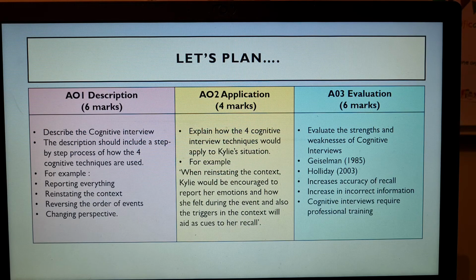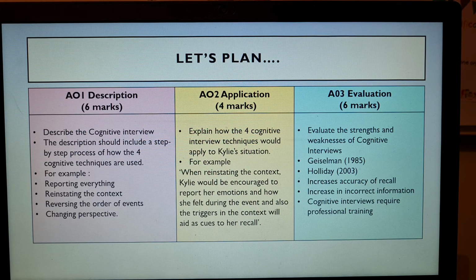And also the triggers in the context, so the environmental triggers, will aid as cues to her recall. Okay, so what you're doing is you're taking the AO1 descriptive points and you're applying them to Kylie's situation. How would they be used? What would Kylie be doing when she's changing perspective? Describe exactly what she would be saying, what she would be doing.